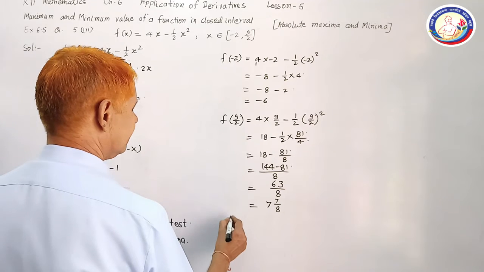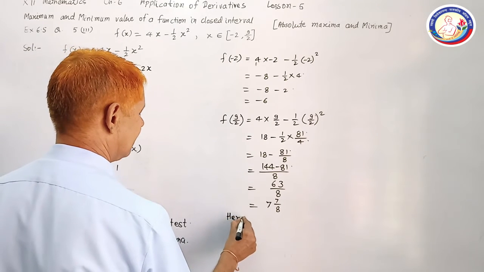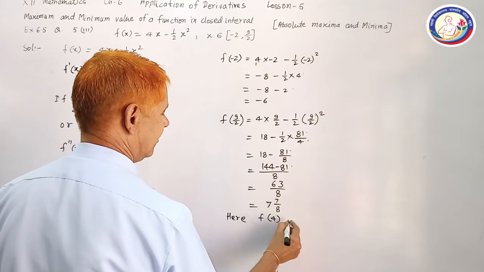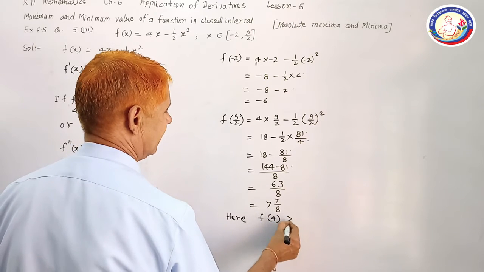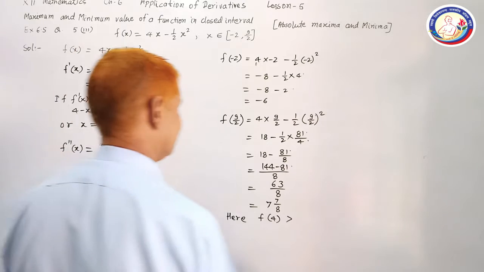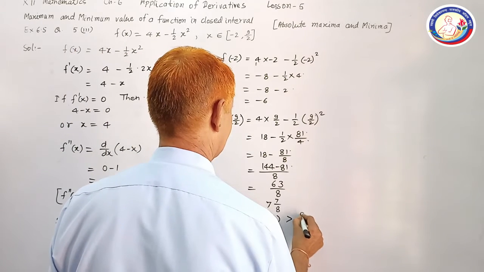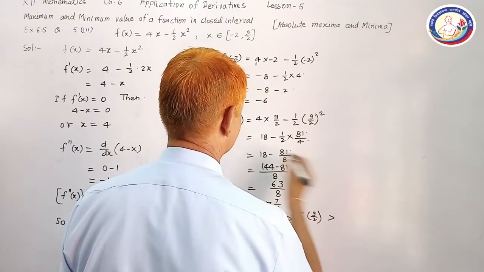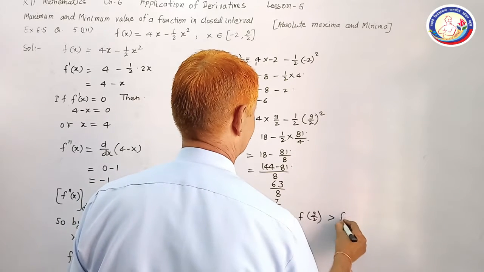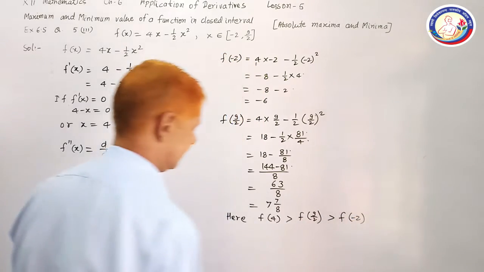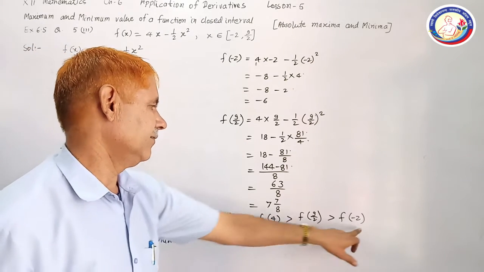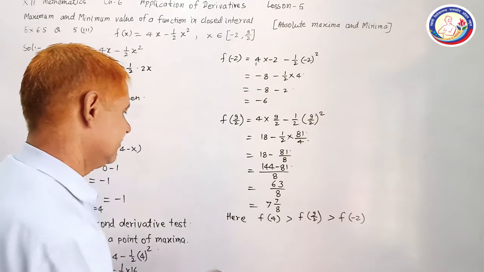Now here, F(4) is greater than F(9/2), which is greater than minus 2. This is greatest among the three and this is lowest.